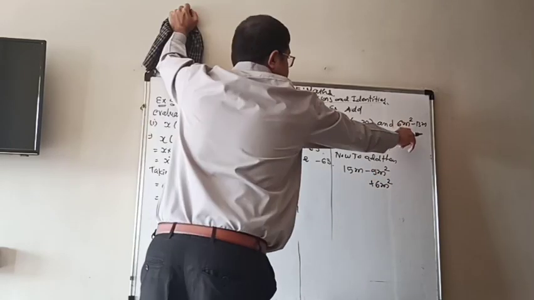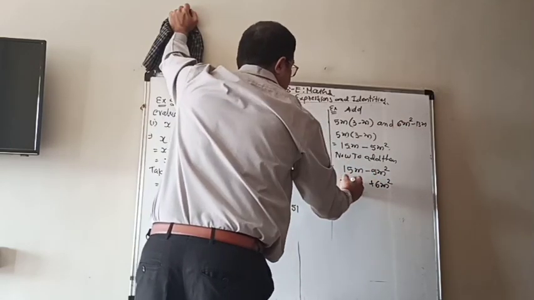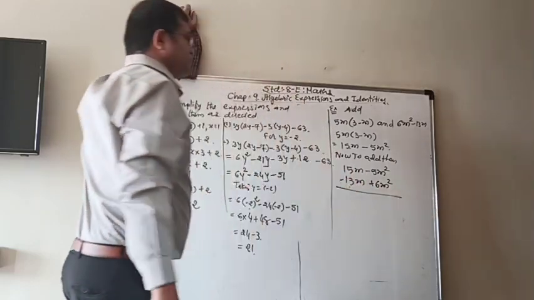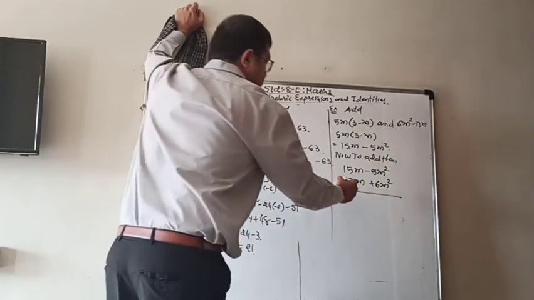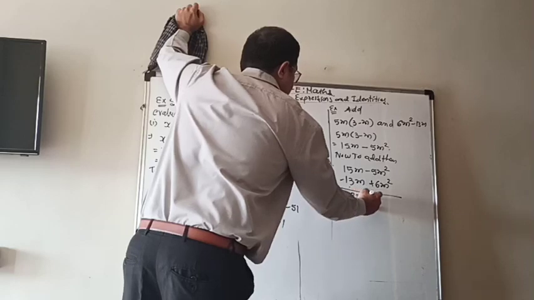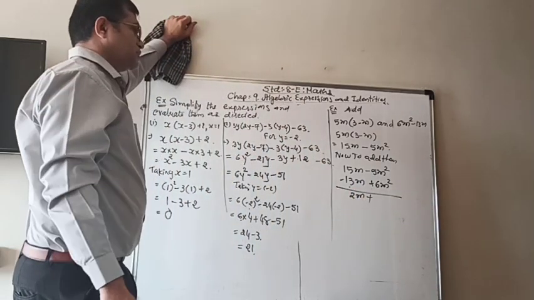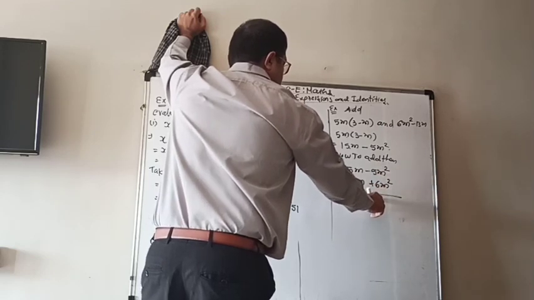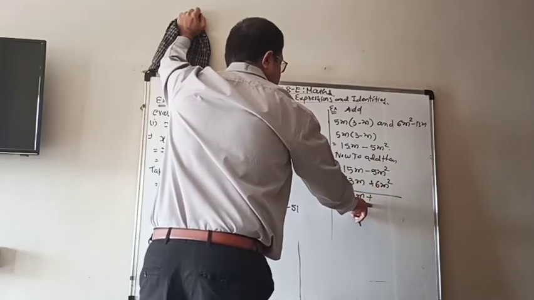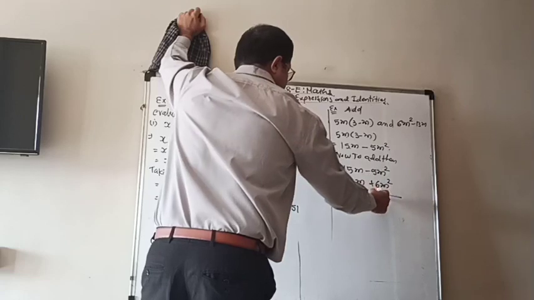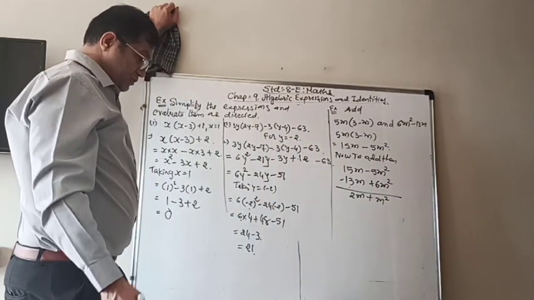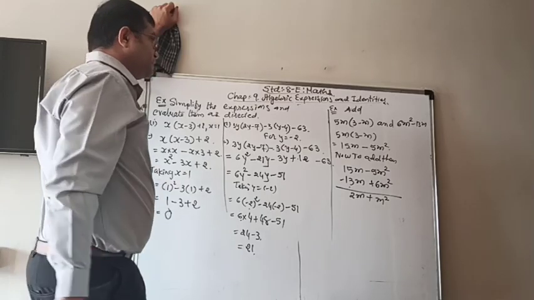And minus 13m will be here. Now 15 minus 13 is 2. So 2m plus, here minus 5 plus 6, greater minus smaller is 1, and the greater number's sign is plus, so plus will be there, and 1 we don't write down. So 2m plus m square. So that is the answer.